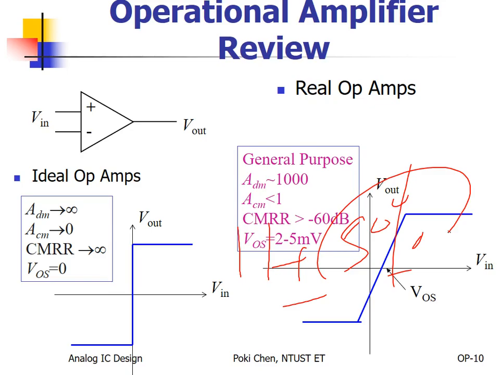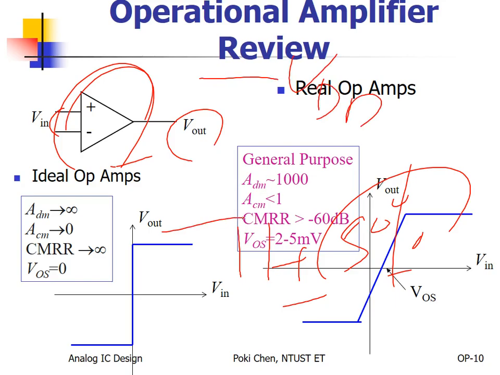So even if you short your two inputs or apply the same voltage to your input, for such open loop applications, where you don't have any feedback from the output to the input, I promise you, your output is either positive saturated or negative saturated, to the ground or to the VDD.